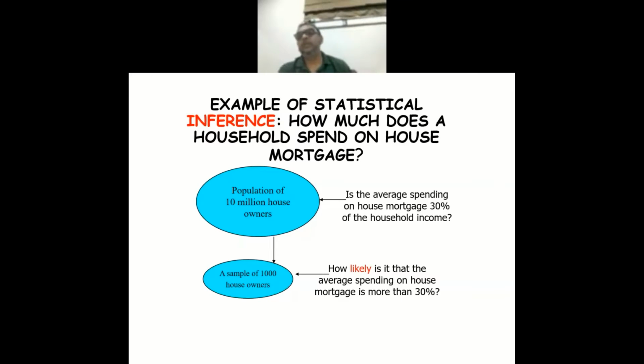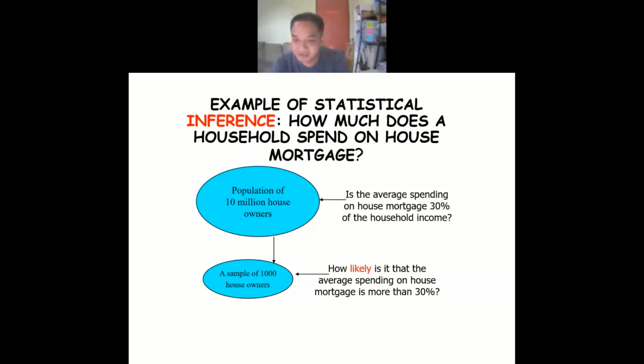Okay, so based on the question, you're trying to infer, and you dapati bahawa people are taking housing loan and they are paying more than what they can afford. Okay, katakan gaji mereka 9,000. Sepatutnya housing loan mereka hanya 3,000 per month. But they are now paying 4,000, 5,000 per month. How likely is the average on this?